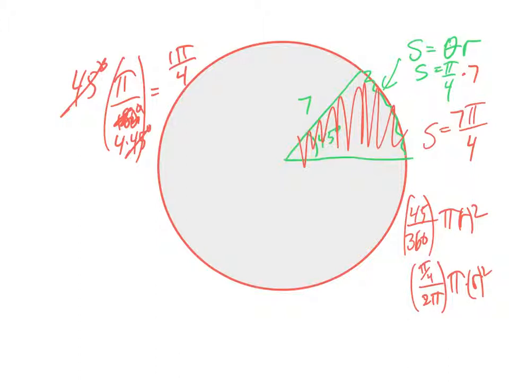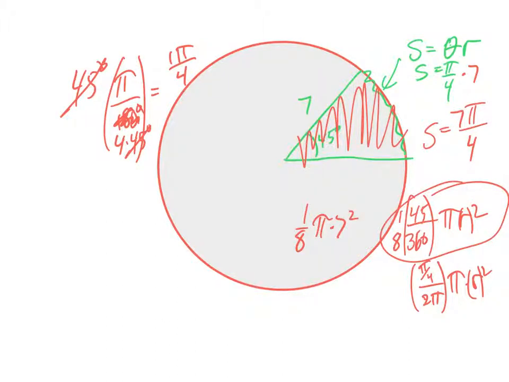So I'm going to do it with the degrees. And I'm going to simplify 45 out of 360 as 1 out of 8. So that's 1/8. I think I did that right. Can anybody verify that? Okay. 1/8 of pi r squared, which is pi times 7 squared.